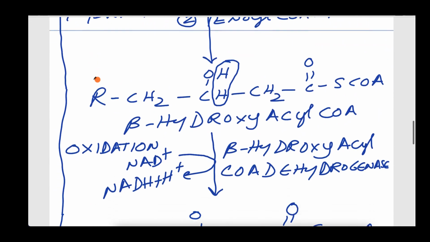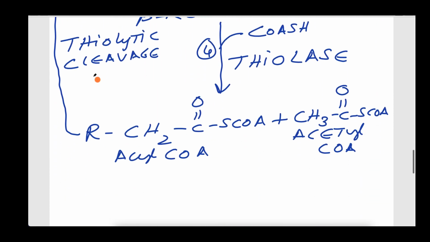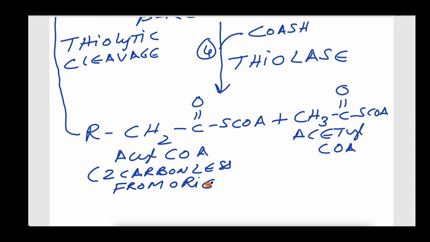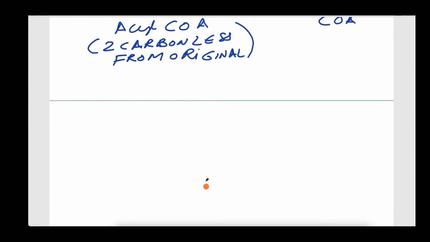That is how the repetition takes place. Then in another round of the cycle, another acetyl coenzyme A is released. The end product is acetyl coenzyme A, and acyl coenzyme A again participates in these sequential reactions.